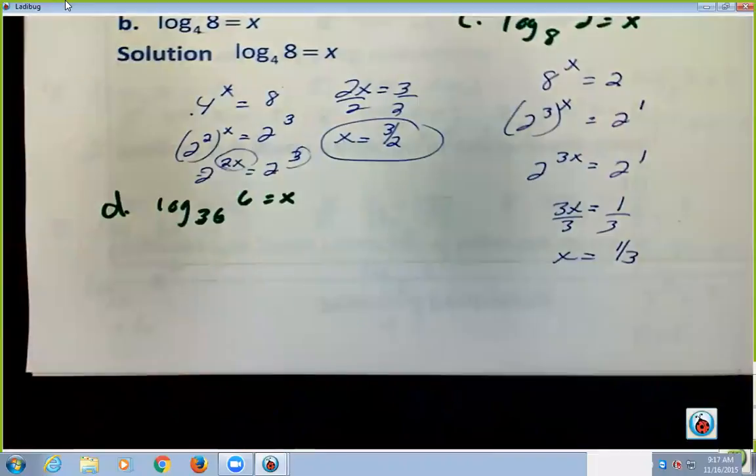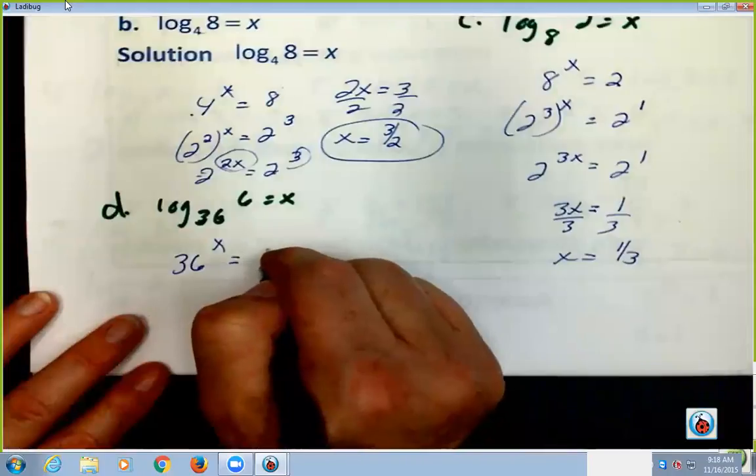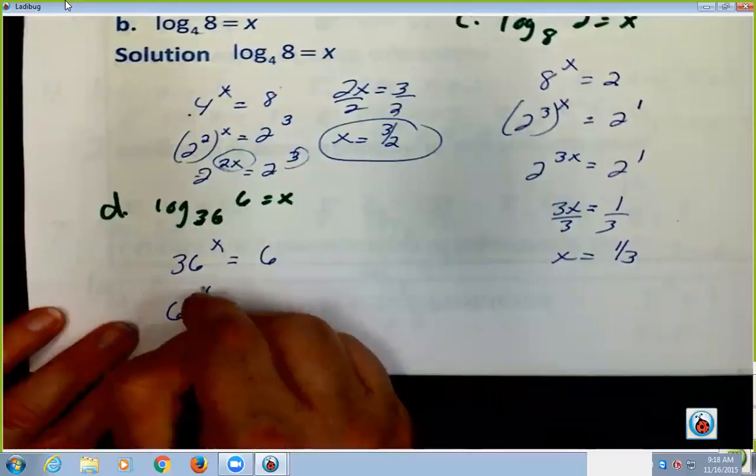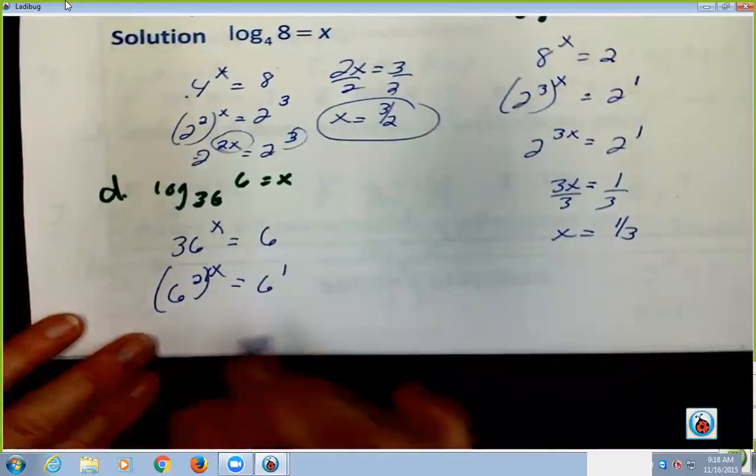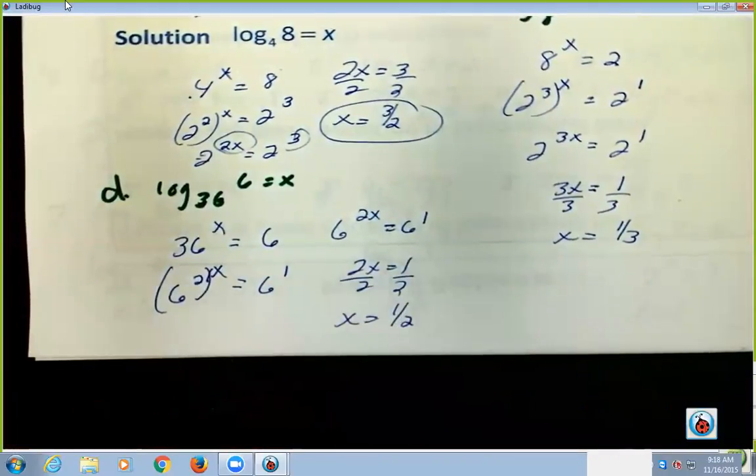And the last one, see what you get. What happens with that one? So you should have found x equals 1/2 if we did it right.